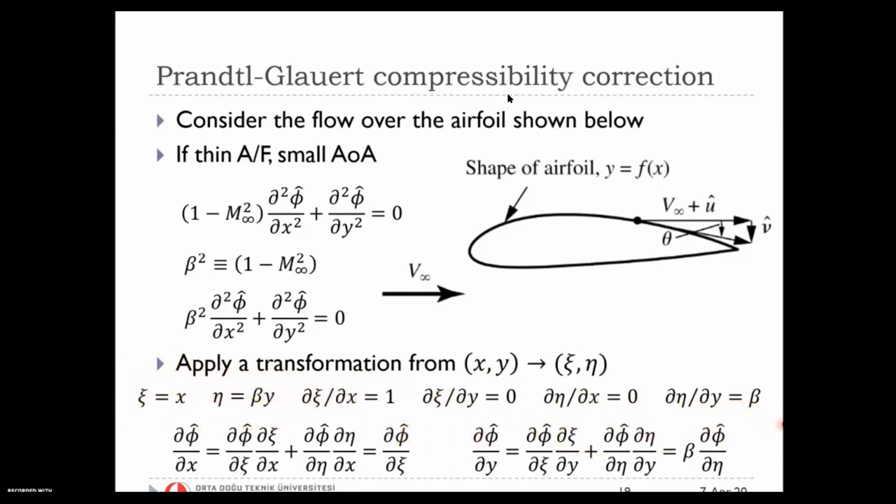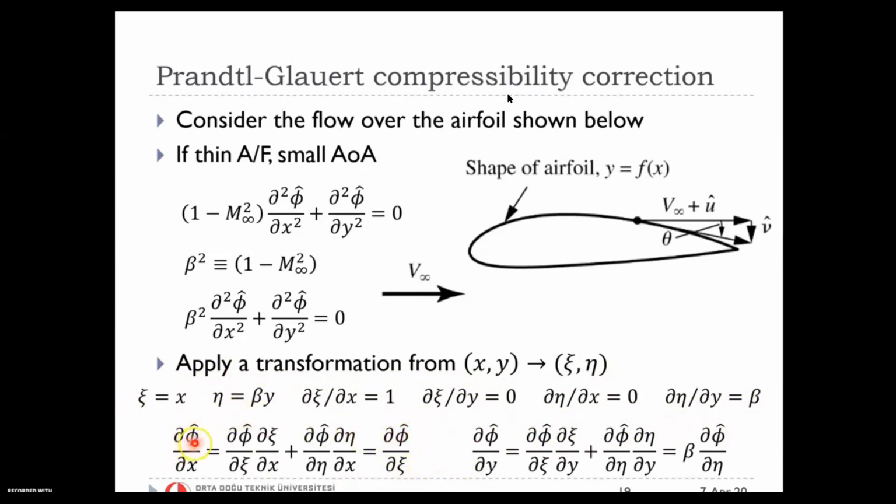Once you have these calculated, let's look at how the derivative of phi hat, the perturbation velocity potential in the physical xy coordinate system, is related to its derivative with respect to psi in the transformed space.